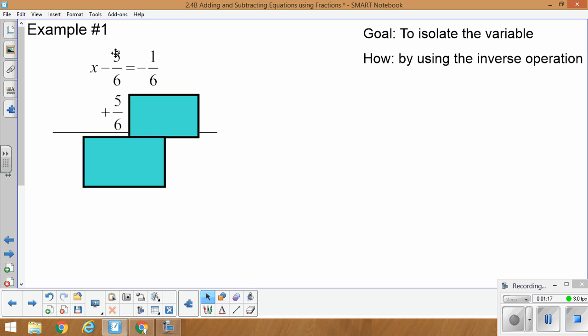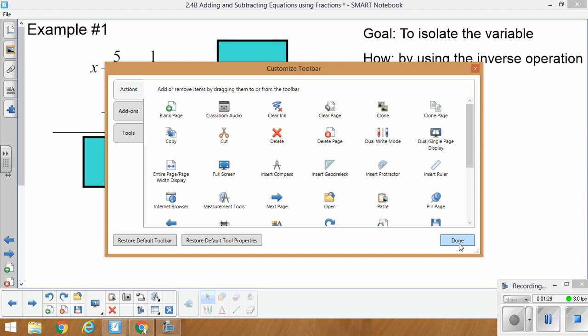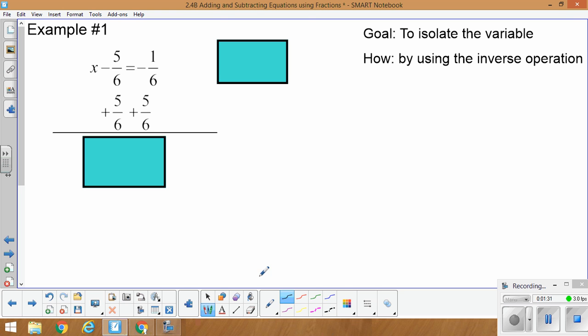And remember, what I do to one side of the equation, I must use the equality rule and do the exact same thing to the other side. On the left side, negative 5 over 6 plus 5 over 6 are called zero pairs.